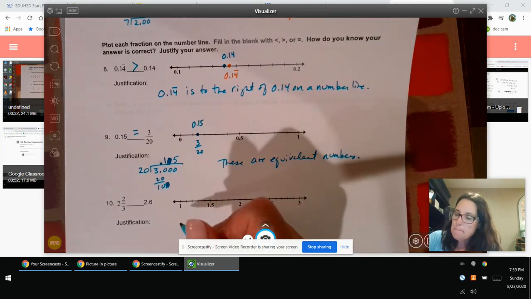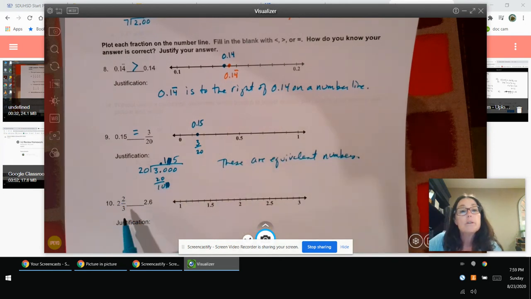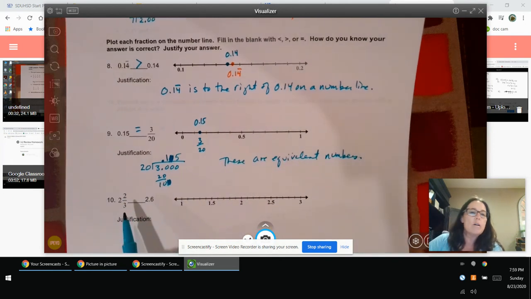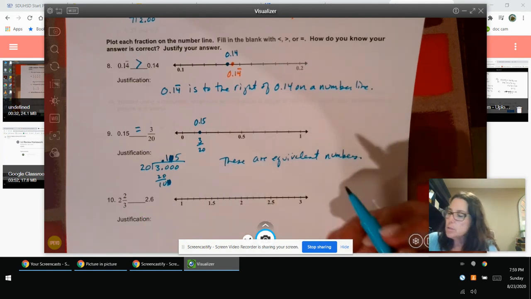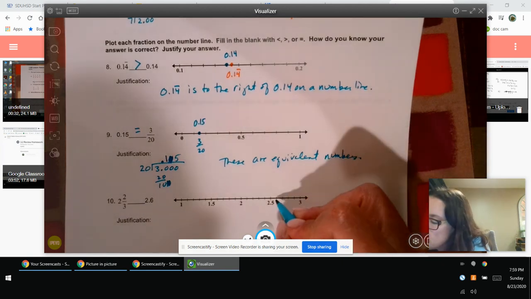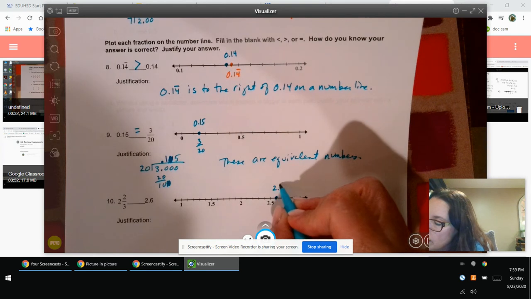Okay, this guy, 2 2/3. Well, 2/3, you should know by now that that is 0.66666666. So 0.6 repeating. Okay, this is 2.60. So 2.60 is right here.